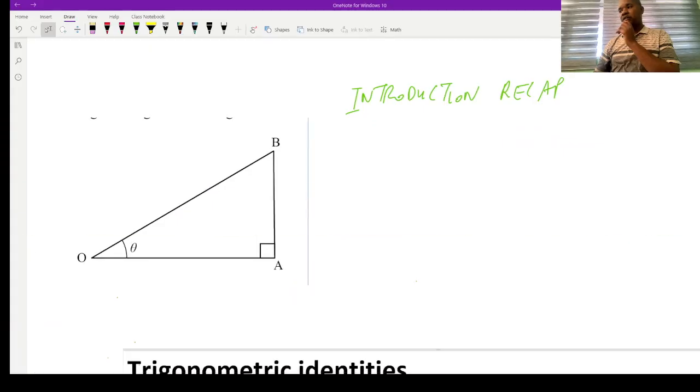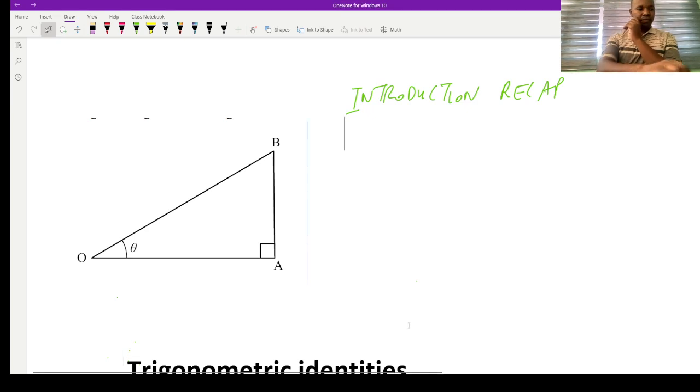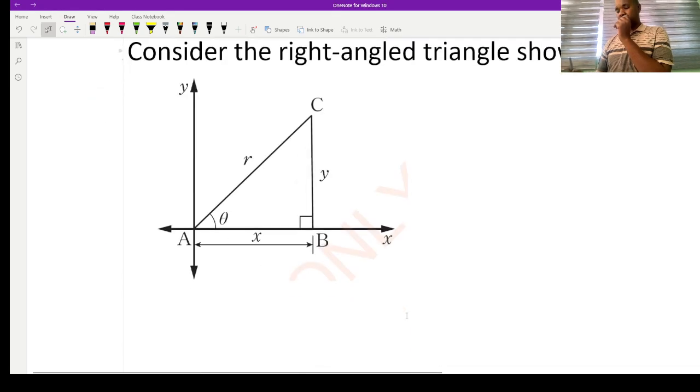I'd like to show you the identities we'll be talking about in this session. We are going to see together how we prove that cos square theta plus sine square theta equals 1.